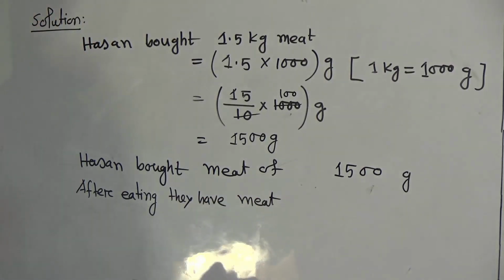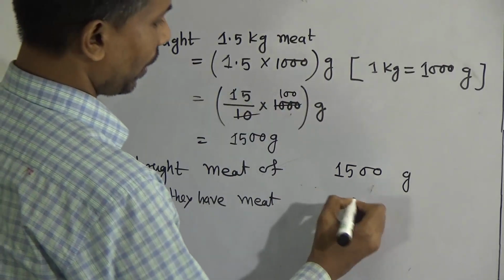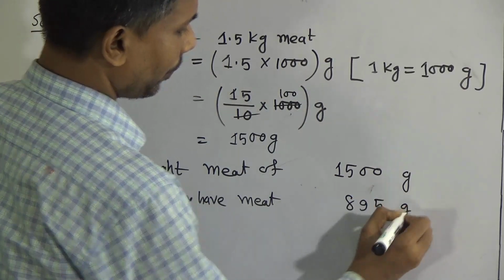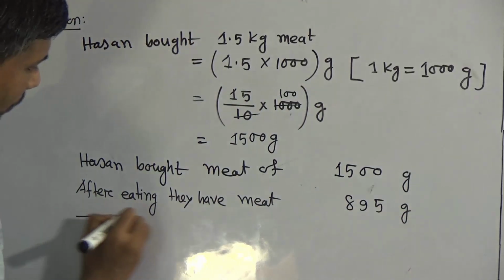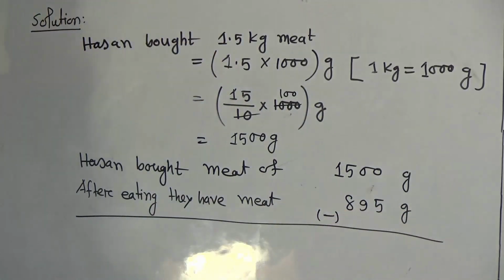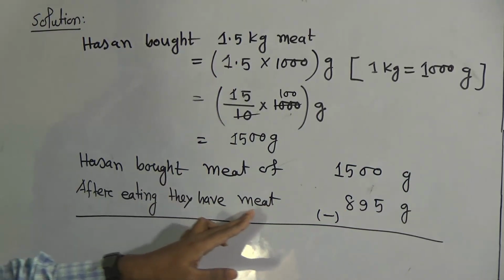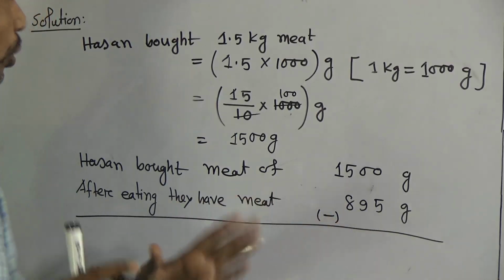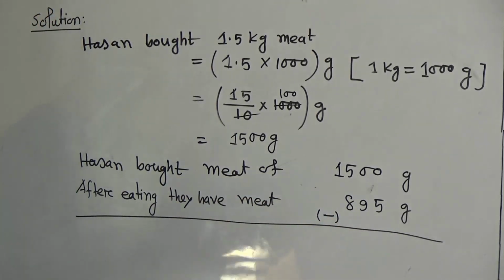How much weight? 895 gram. Student, look here. After eating, they have meat 895 gram. Okay, but our question is what? How much meat did they eat? Okay, that's right.